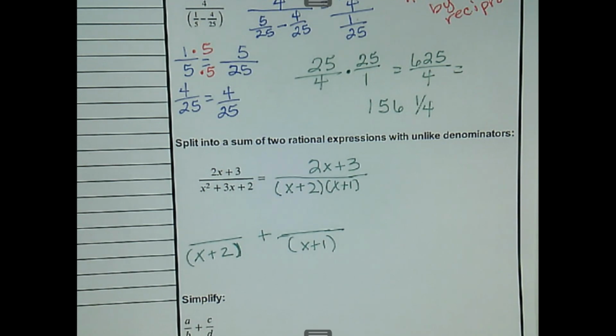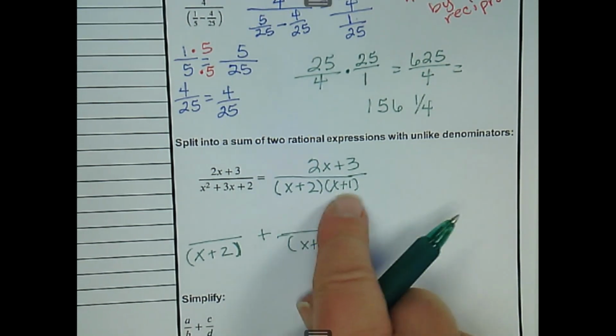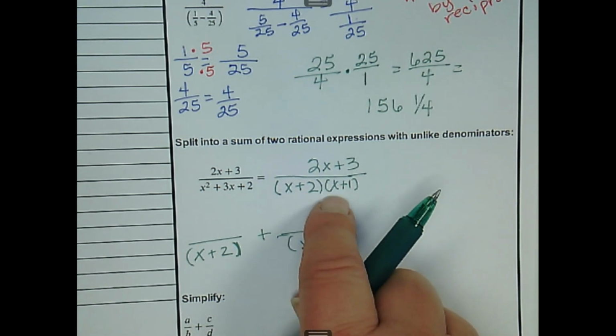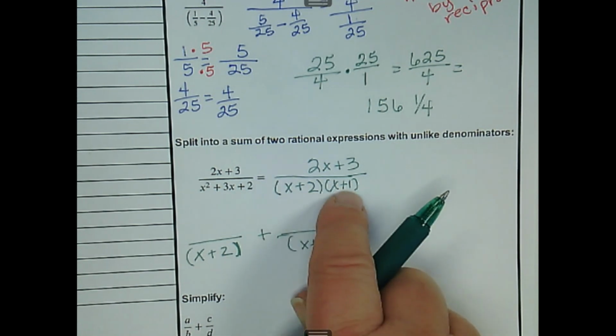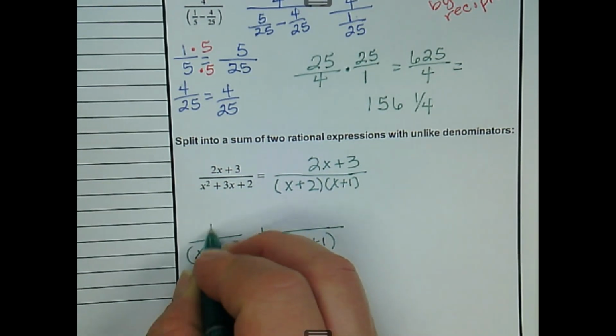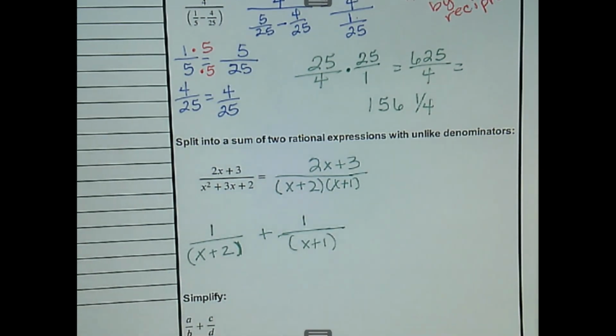Okay, let's think logically. What happens if instead of multiplying I add? I've got 1x here, I've got 1x here, that gives me 2x. I've got 2 here, I've got 1 here, that's plus 3. Which means if I put a 1 up here, it will work.